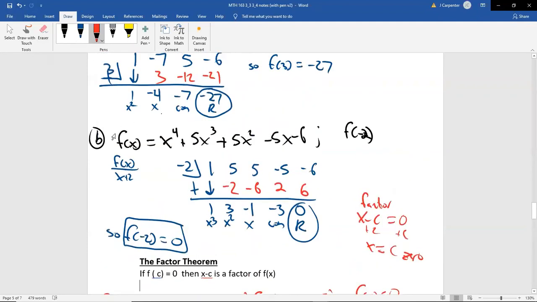So we just factored this function. Now I had to kind of push you in the right direction for now. I had to say, all right, well, let's find f of -2.